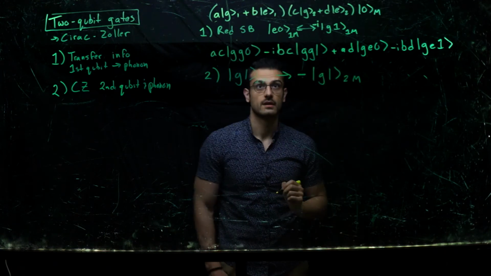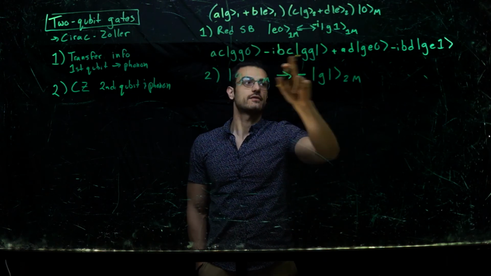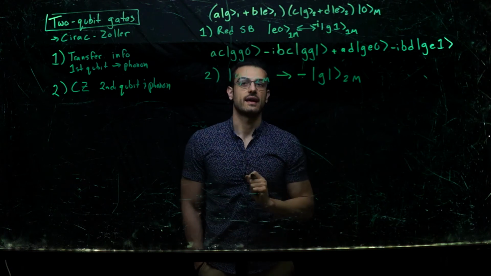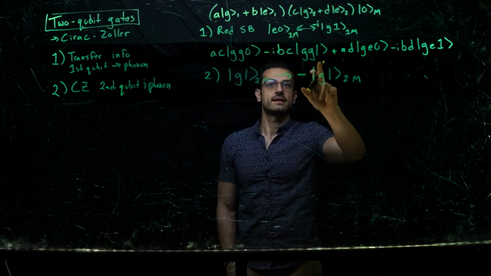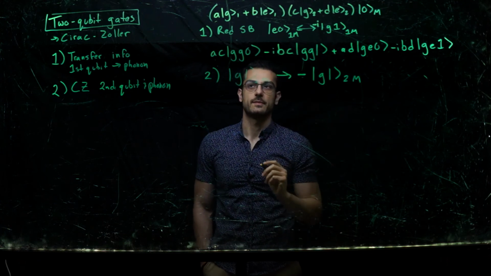So we get that. So if we look at which of our four states has the second qubit in the ground state and the phonon mode in the one state, it's just this state here. So the only difference is that this state is going to pick up a phase.